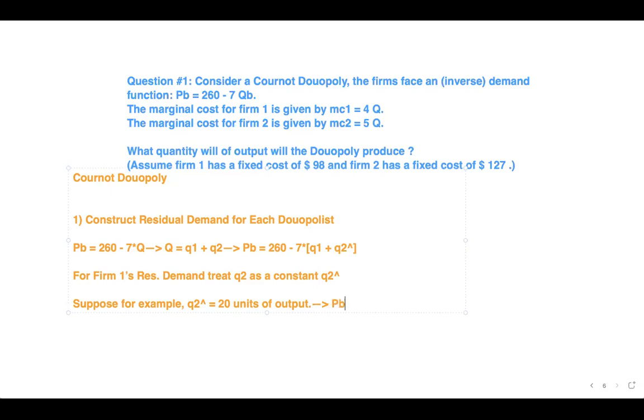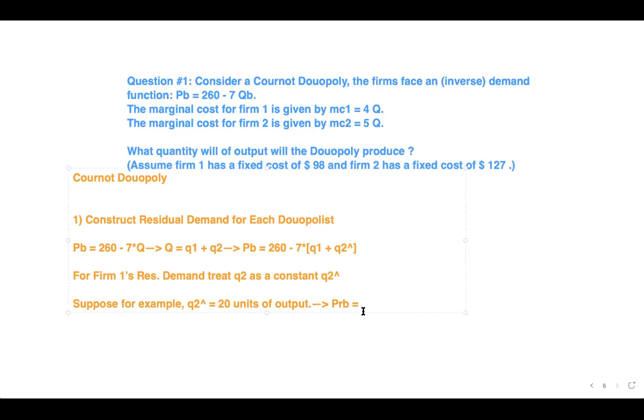If I write this, does it make sense to you? So this would be the residual demand. So I could put PRB, okay, for residual, right?